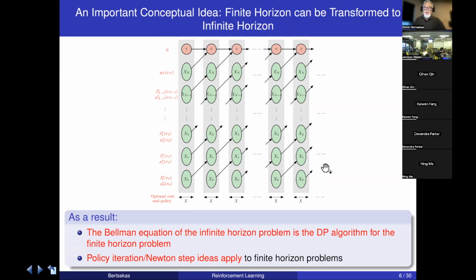All the insights also apply. It's just that the finite horizon version is simpler because the infinite horizon problem here has a special structure. From all states, we get to the termination state and so on. Infinite horizon problems can be more general than that. However, all our insights from infinite horizon apply. That's the point that I want to make.